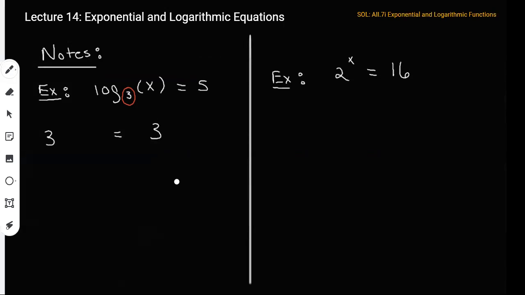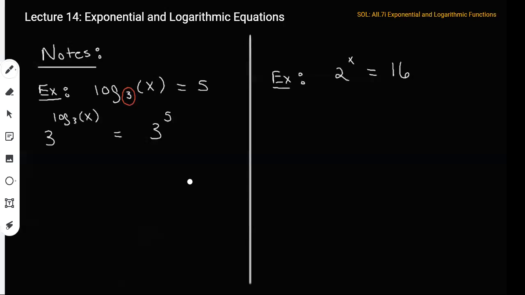That's the base for my logarithm. And then what I'm going to do is I'm going to treat both sides of the equation as the exponents. So I'm going to raise 3 to the power of the left side, and I get 3 to the logarithm base 3 of x power. And then on the right side, I'm going to take that 5 and make that into the new exponent.